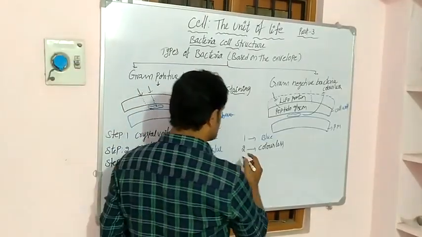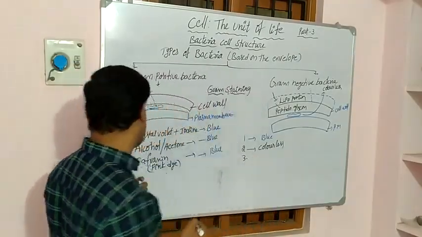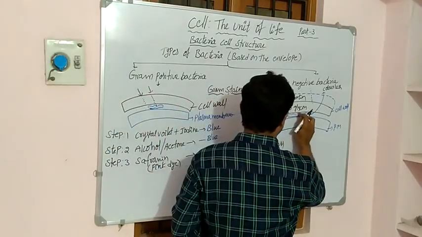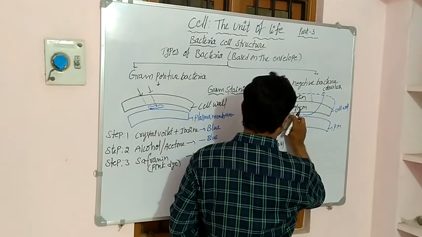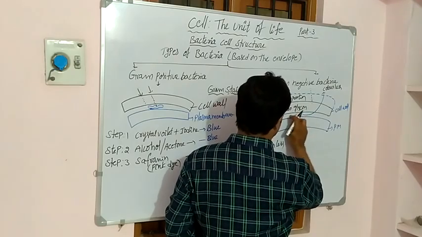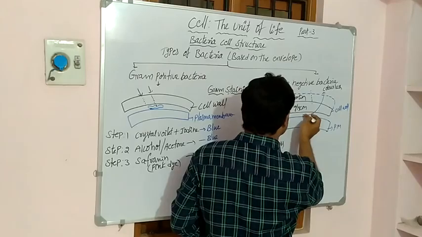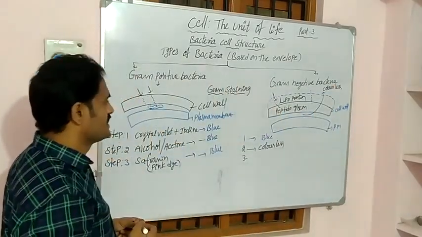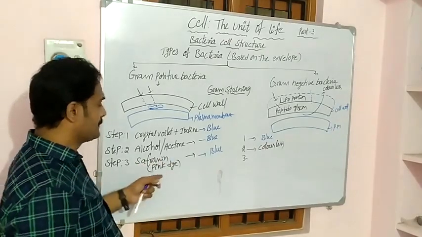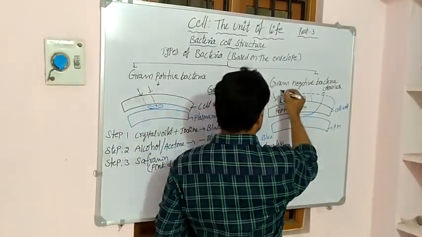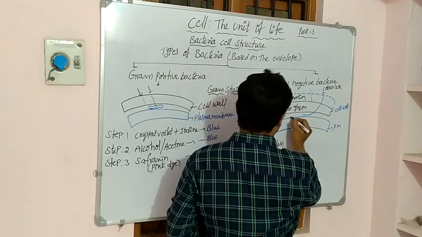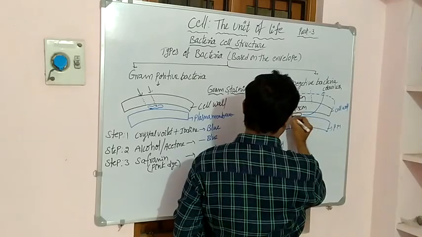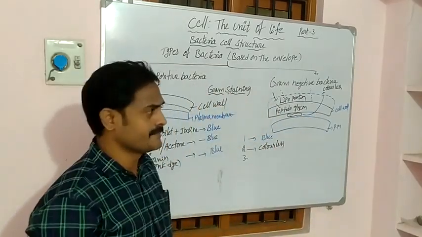So then going to the third step, the same step, the saffron pink dye. So here there is no blue color. Imagine that there is no blue color here. Why is there no blue color? It was eliminated from the cell wall to the outside. Then we add saffron pink dye to this. Then what will happen? Here the pink color appears in between the cell wall and plasma membrane.